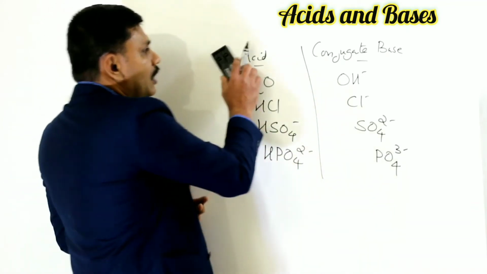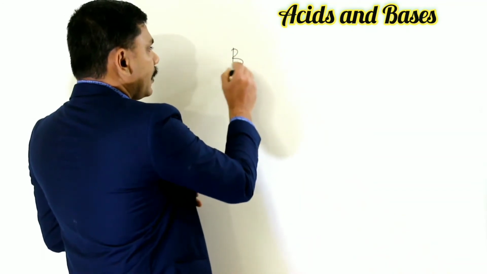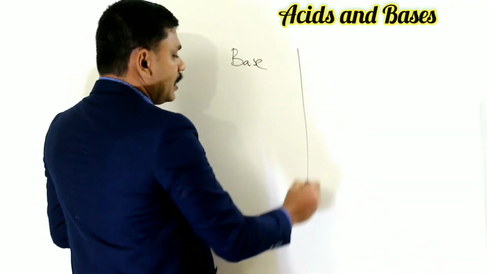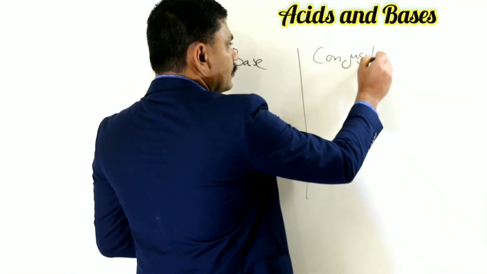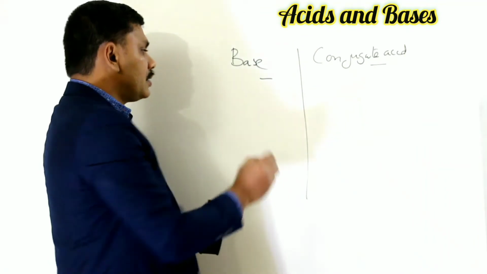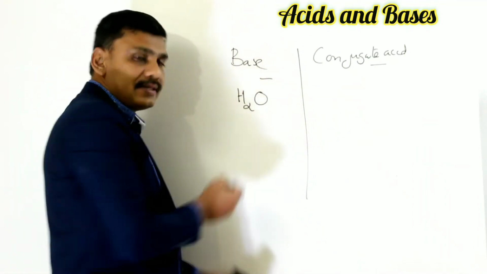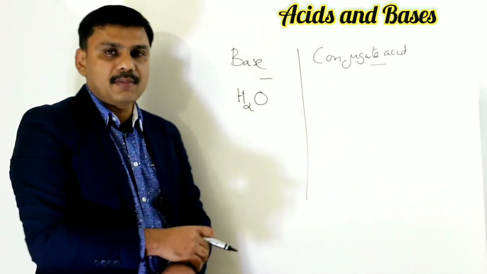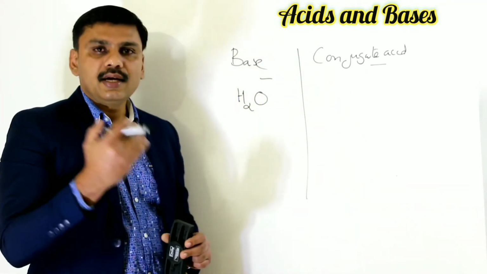Next we can check base and conjugate acid. Example, H2O. H2O can act as an acid and a base. In the previous example it is acting as an acid. Here we are taking it as a base.